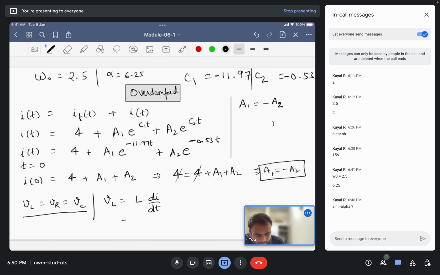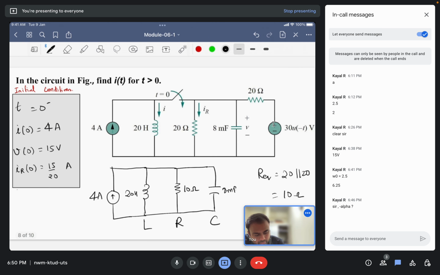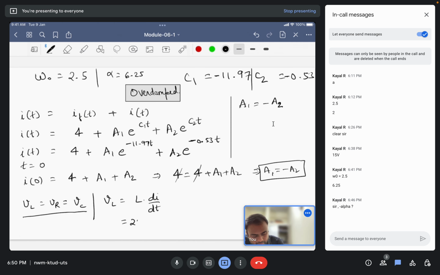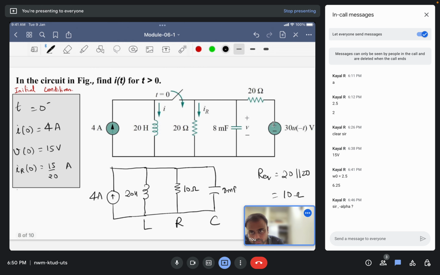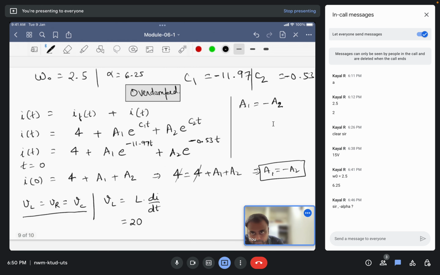So let us put the L value, which is given, 20 Henry. So 20, and voltage V is given as 15 volts. So 15 is equal to 20 di by dt.